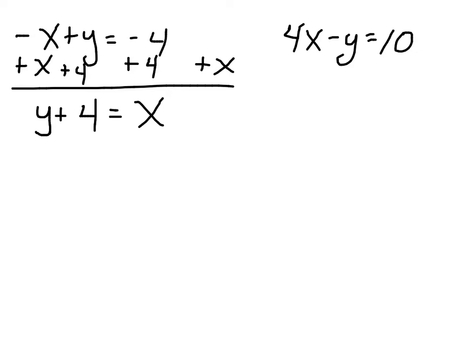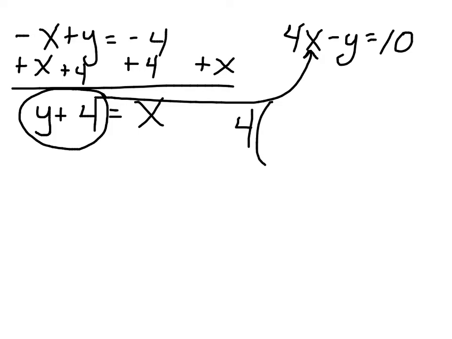Step 2, remember yesterday, was take the expression from step 1 and plug it in the other equation for that letter, and then solve. So 4, parentheses. What goes in place of x now? y plus 4. Very nicely done. Minus y equals 10.